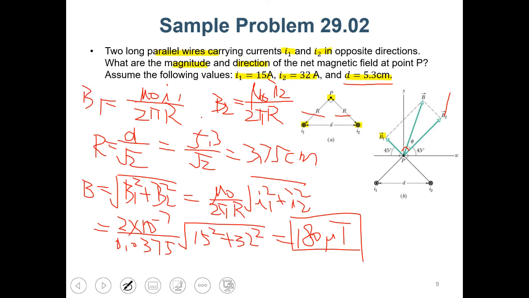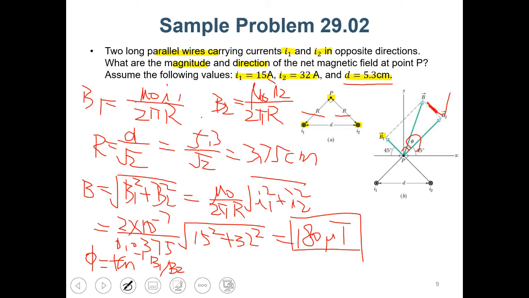And then we need to consider the angle phi. Phi will be nothing but the arctangent of B1 over B2, and then you substitute the numbers in it.